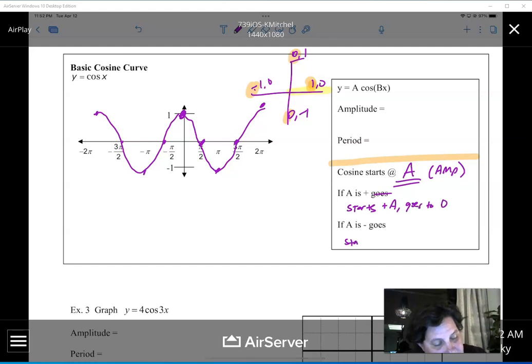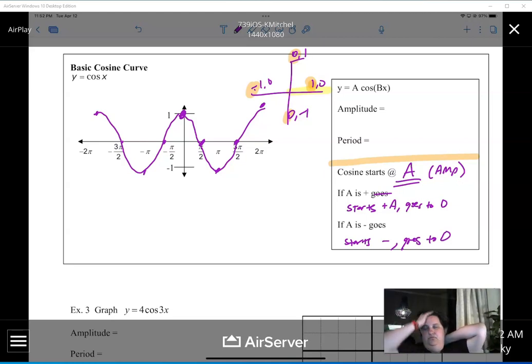If A is negative, it starts at a negative and goes to 0. So whereas sine starts at 0 and goes to A, cosine starts at A and goes to 0. That's the key to remembering the difference between sine and cosine.